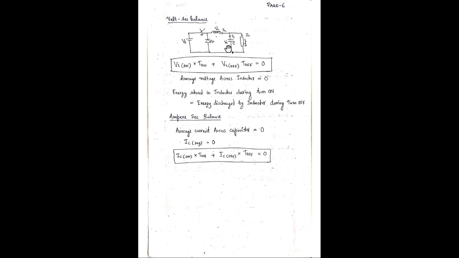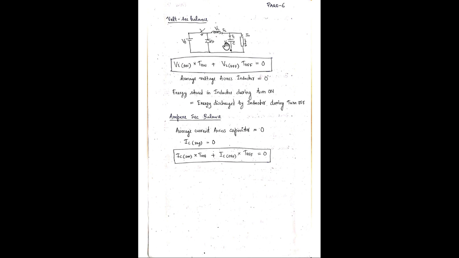Okay, so volt second balance is defined as VL on, the voltage across the inductor at on, into T on, plus the voltage across the inductor at off into T off, which is equal to 0. This is what volt second balance is about.